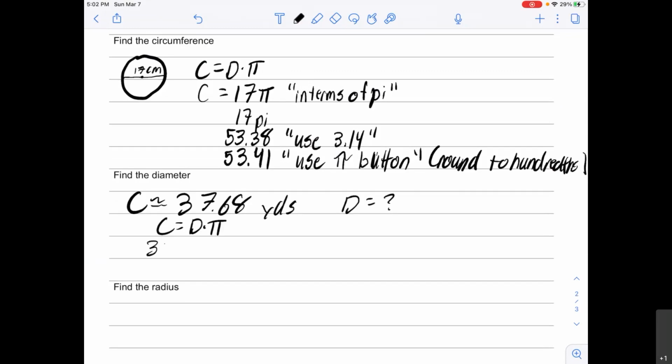Well, I know my circumference is 37.68, so that equals something times pi. In this case, I'm going to divide by, well, let's try 3.14 on my calculator and see what happens. 37.68 divided by 3.14 on my calculator gives me 12. So my diameter is 12.